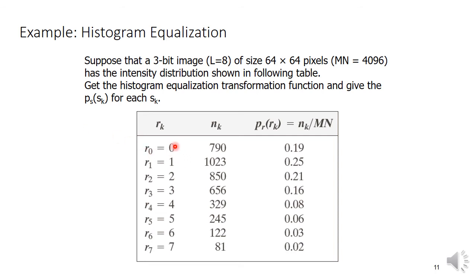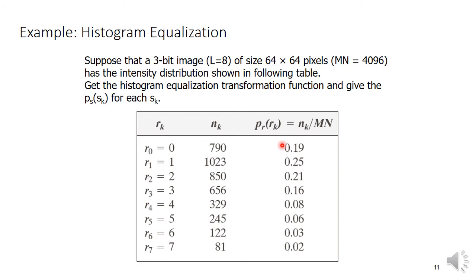So these are actually the total values. This is the range for a 3-bit image: the total range for a 3-bit image is 0 to 7. R0 denotes 0, R1 for 1, R2 for 2, and so on.